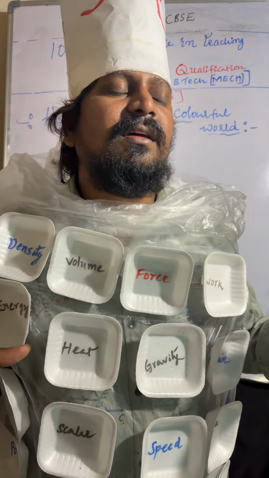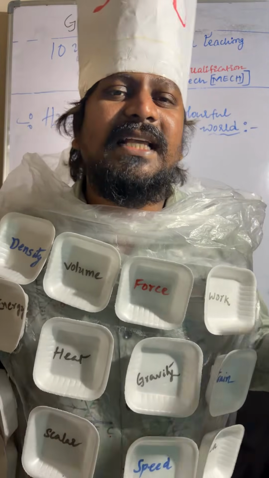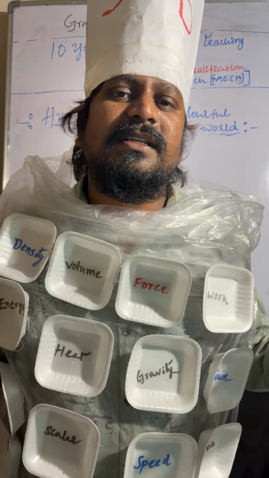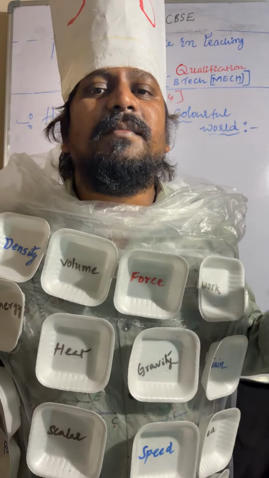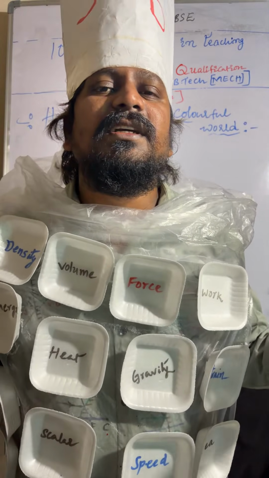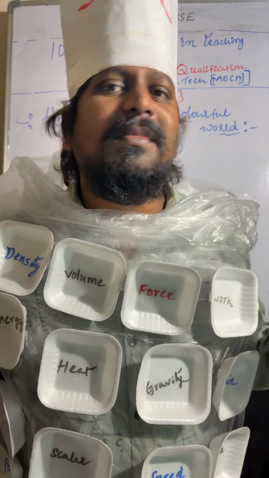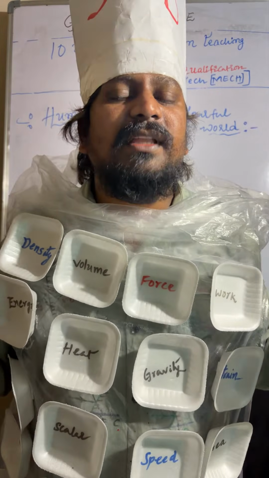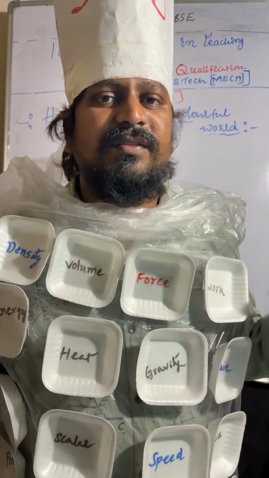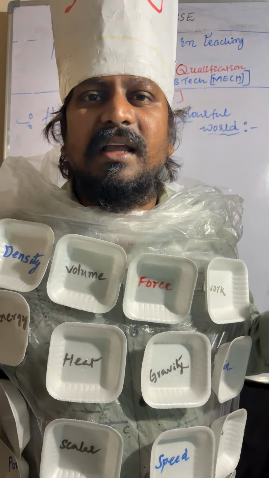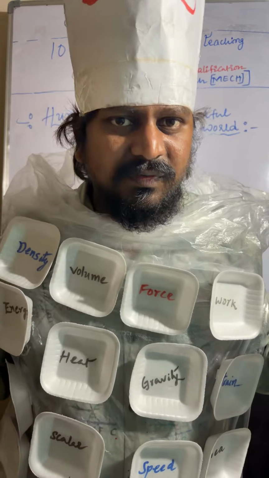Coming to the far point, it is the maximum distance up to which a person can see clearly. That is infinity. Infinity is the maximum, and that is nothing but the far point.